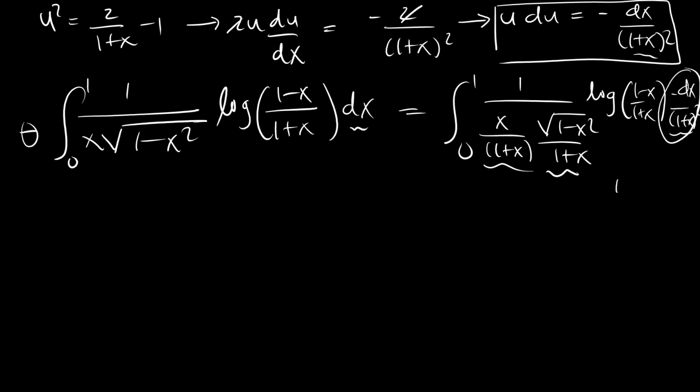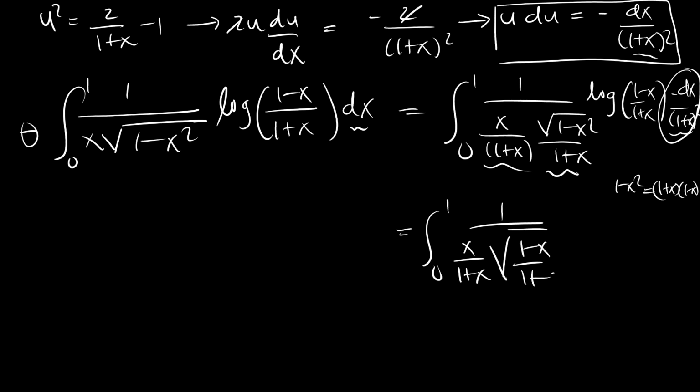Since 1 minus x squared is the same as 1 plus x times 1 minus x, this expression can change as follows: 1 over x over 1 plus x, square root of 1 minus x over 1 plus x, natural logarithm of 1 minus x over 1 plus x, negative dx over 1 plus x, all squared.